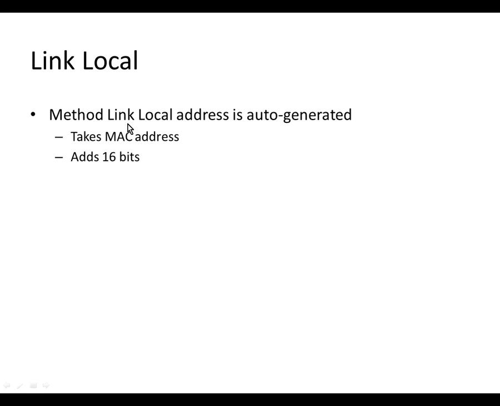The way that the link-local address is generated is it's based upon the MAC address. What it does is it takes the MAC address, which is only 48 bits, and it adds an additional 16 bits, and that's how the link-local address is generated, based upon the MAC address.